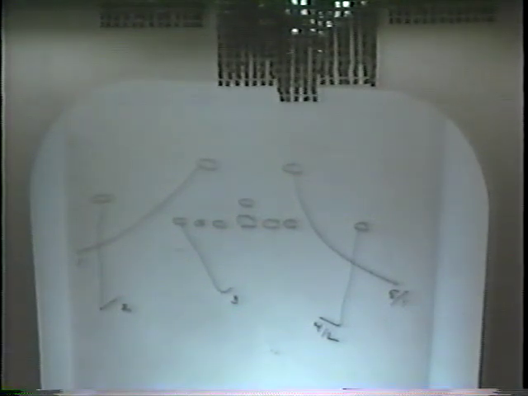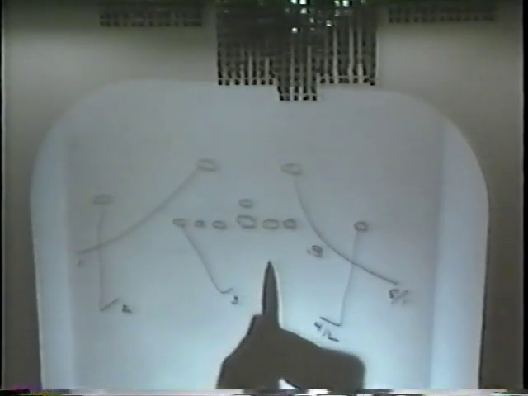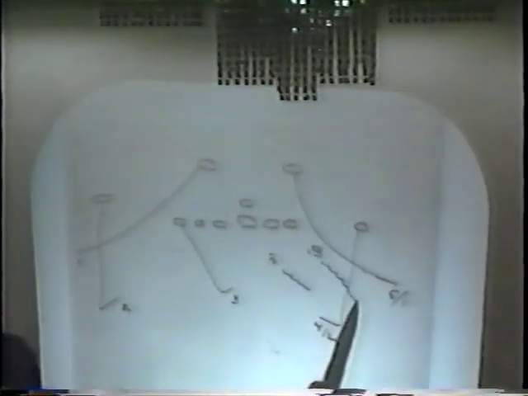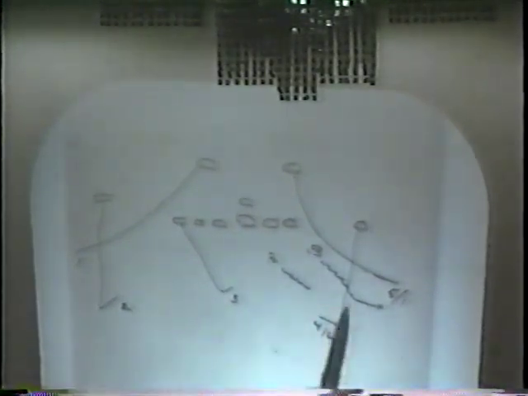If you're playing zone, you extend your zone to the pattern match, but you still play zone. In other words, as we drop on this side, this backer and this backer drop on a string based on what that guy does. And when he goes out there, this guy drops through the outside receiver.